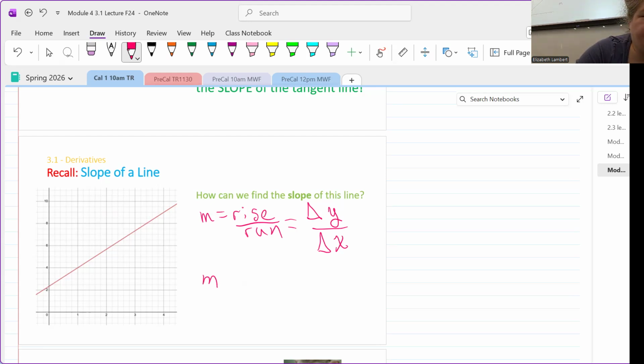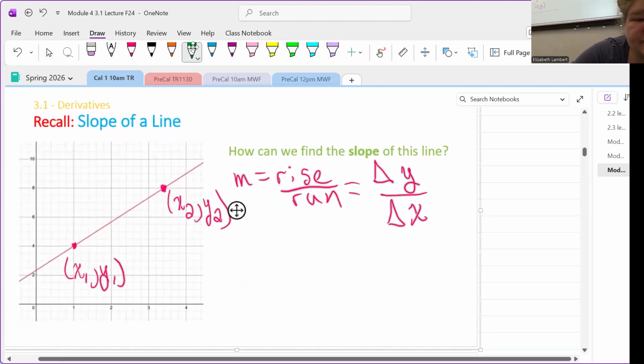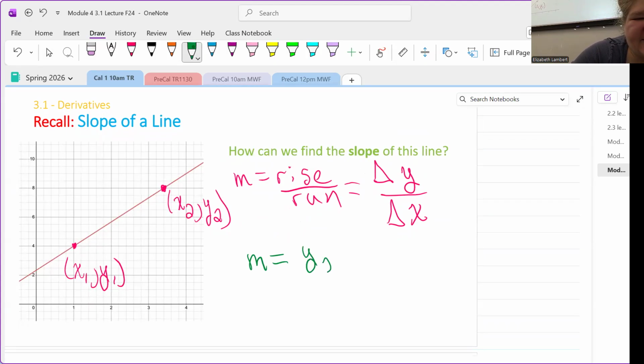If we write that as a fancy formula, let's say I pick two arbitrary points here. If I call the first point x1, y1, and I call this second point x2, y2, then our slope, as the formula, is the change in the y values.